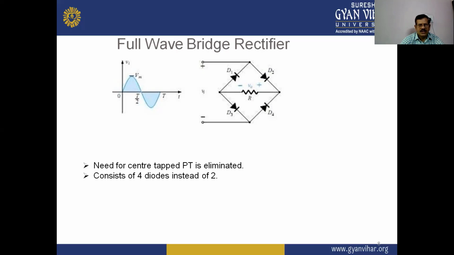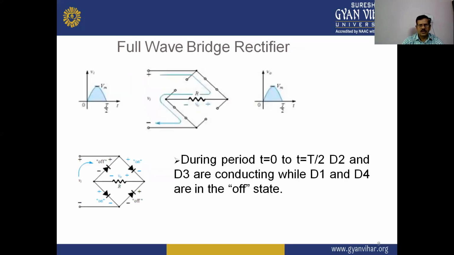Here it consists of four diodes instead of two diodes. In the full wave bridge rectifier, this is the circuit diagram showing the working principle.